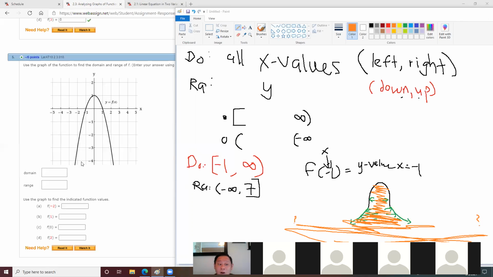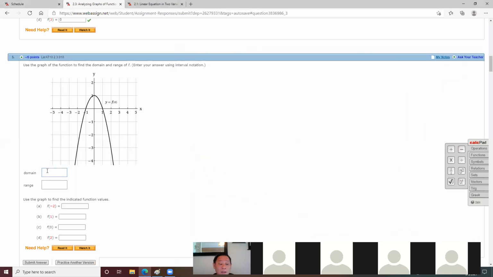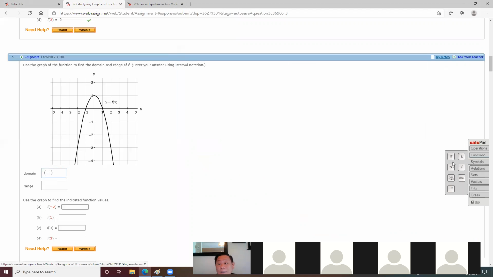So this goes where? All the way to what? Negative infinity, and this goes to positive infinity. So your domain in this case is from negative infinity to positive infinity. I'm worried about this class. It's like you guys don't know how to find your domain and range.